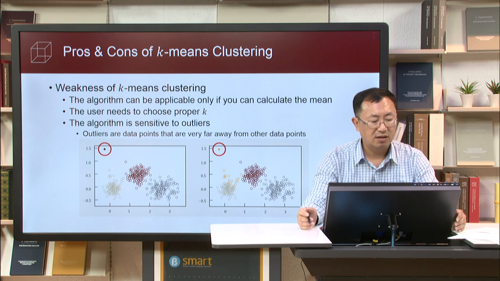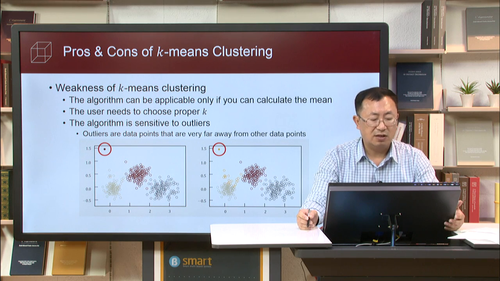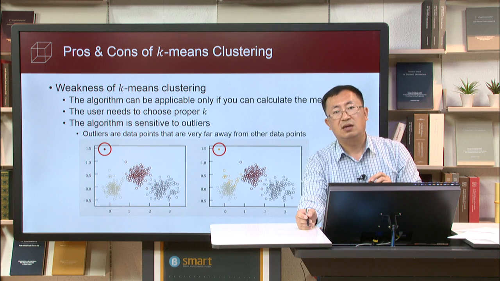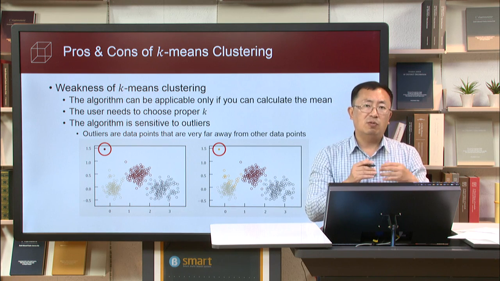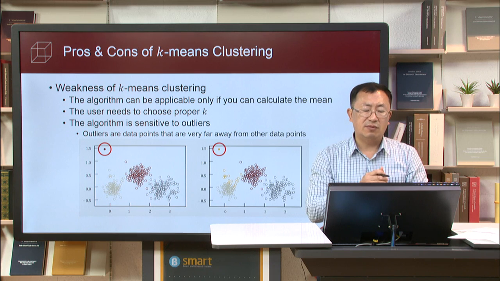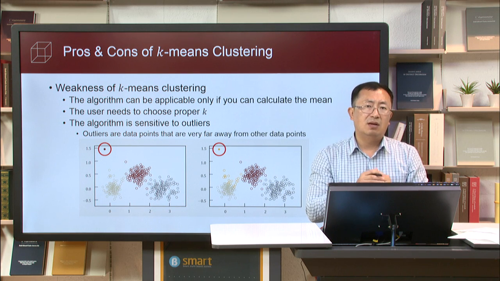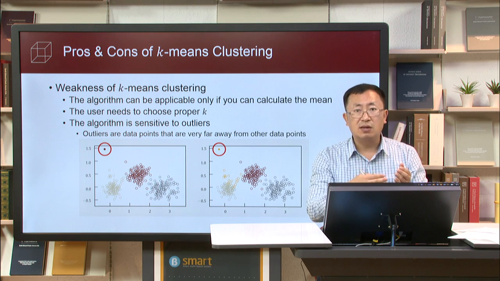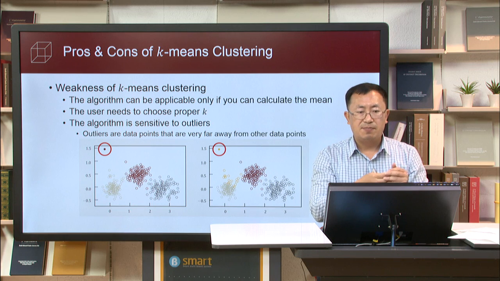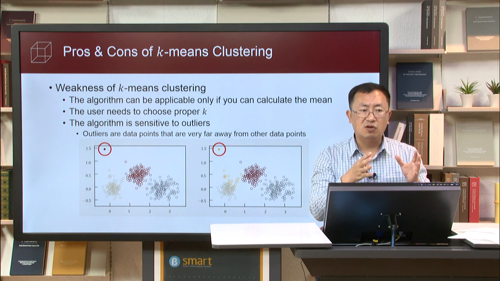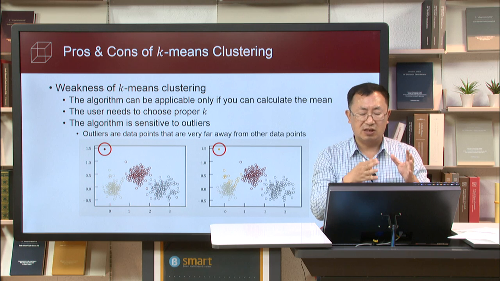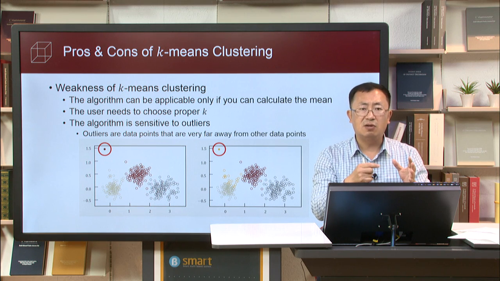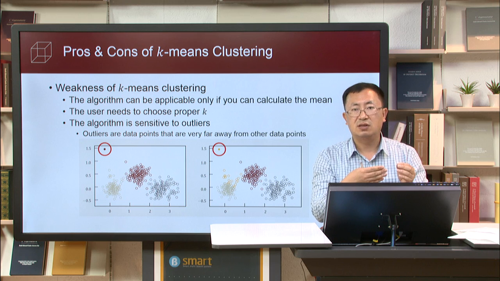On the other hand, there are several weaknesses of the k-means clustering algorithm. The algorithm is applicable only if you can calculate the mean. If you think about the procedure of the k-means algorithm, for each iteration we compute the average of the newly formed cluster's data points.